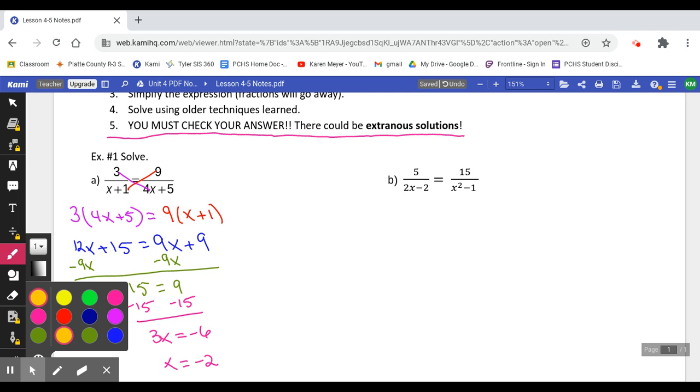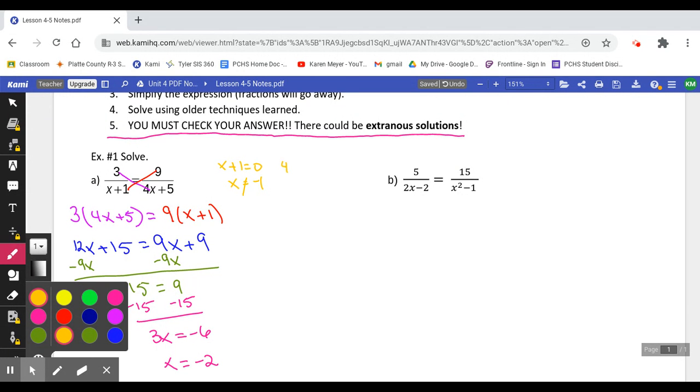So if I look at my original fractions, on the first one, if I check that, I would do x plus 1 equals 0. So x would equal negative 1. So x cannot be negative 1, which I'm okay because I'm saying x is negative 2. So far we're okay.